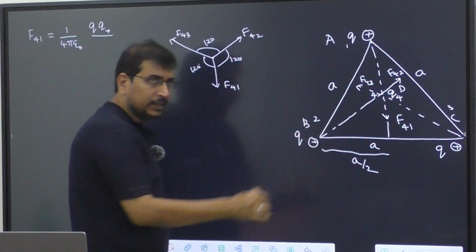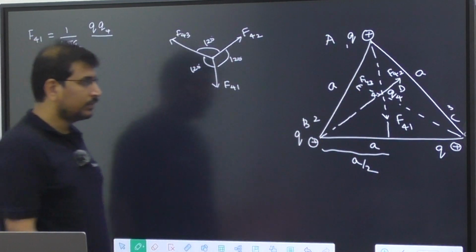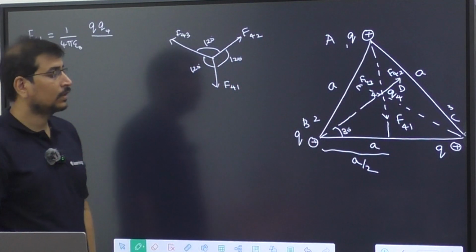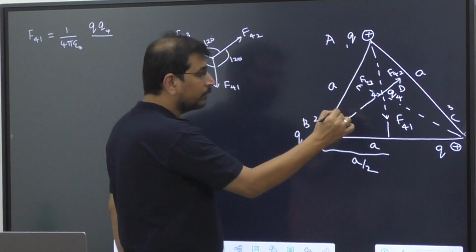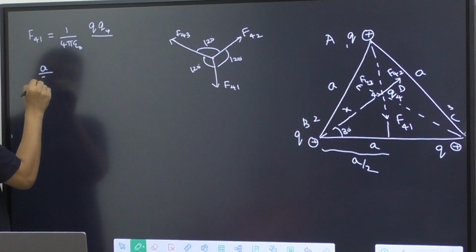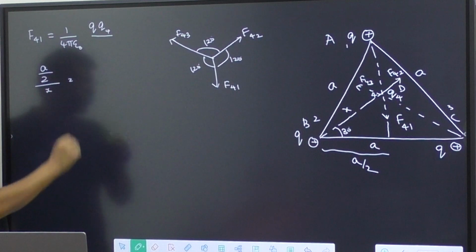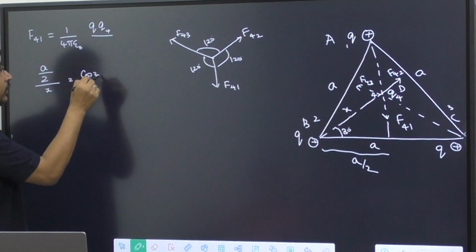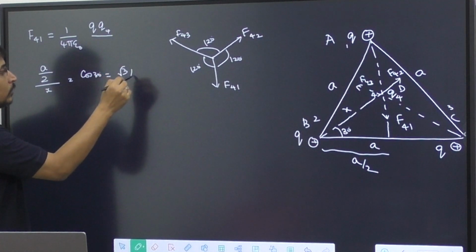What is the angle inside an equilateral triangle? 60. This is an angular bisector, so this will be 30. So A by 2 divided by, if I take this to be x, A by 2 divided by x is cos 30. How much is cos 30? Root 3 by 2.